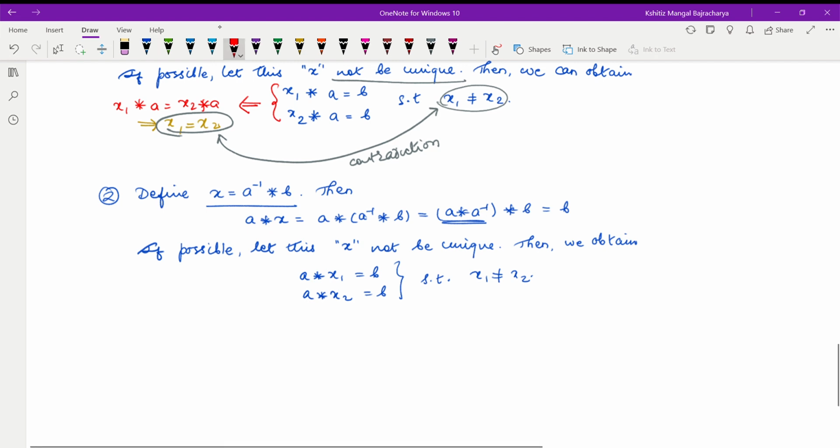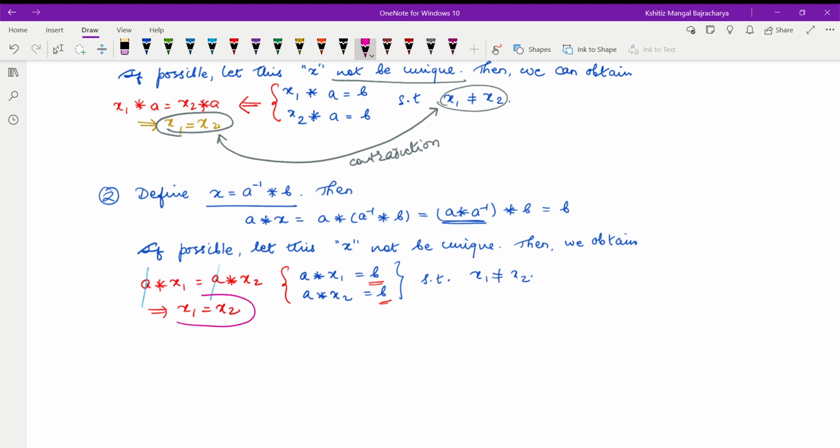Now from this part, since B is equal to B, we're going to get A star X1 is equal to A star X2. Alright, and from the left cancellation law, we can cancel out these two A's and then obtain X1 to be equal to X2.